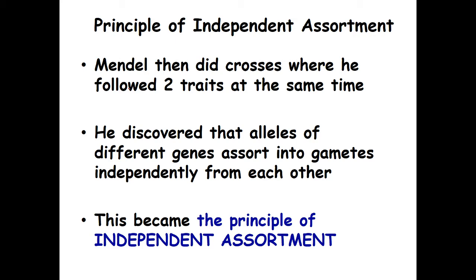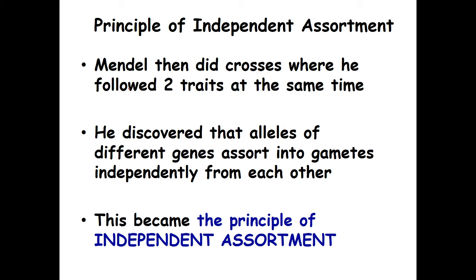Yep. Right on. Thank you. So it's metaphase 1, when the tetrads line up randomly, right? So when we talk about independent assortment, we are talking about two traits that are on different chromosomes.